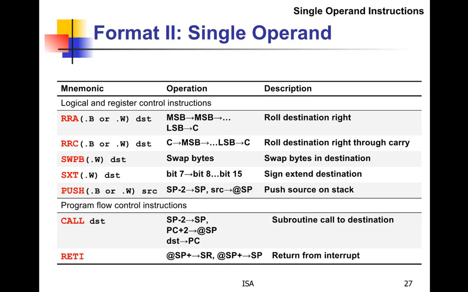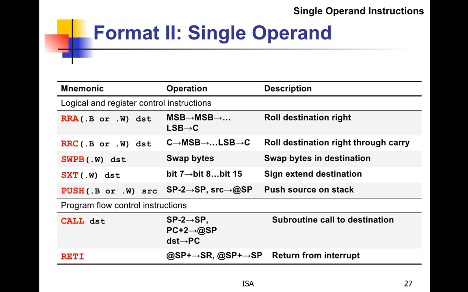Then there's swap bytes, which swaps the byte order in the destination. It's a word, remember, so it switches them from little endian to big endian, kind of idea. And then there's sign extend, so you can take a destination and turn it into a 16-bit number.